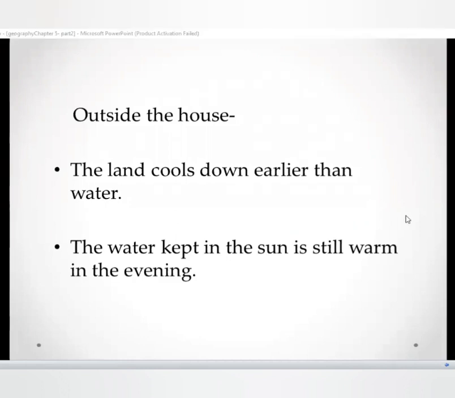We'll repeat it again. Outside the house, the land cools down earlier than water, whereas the water kept in the sun is still warm in the evening.